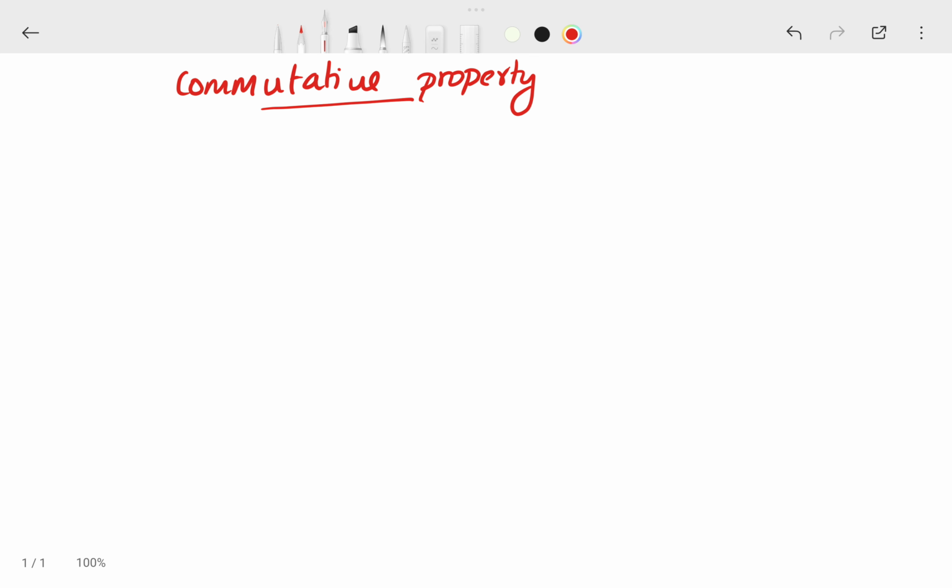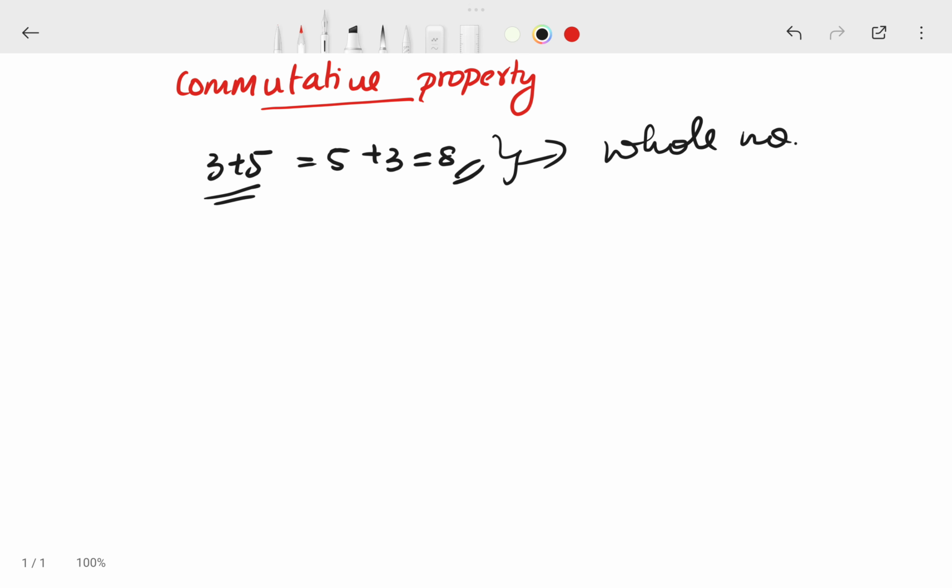In whole numbers, we know that 3 plus 5 equals 5 plus 3, which equals 8. Let's see whether this is true for integers.